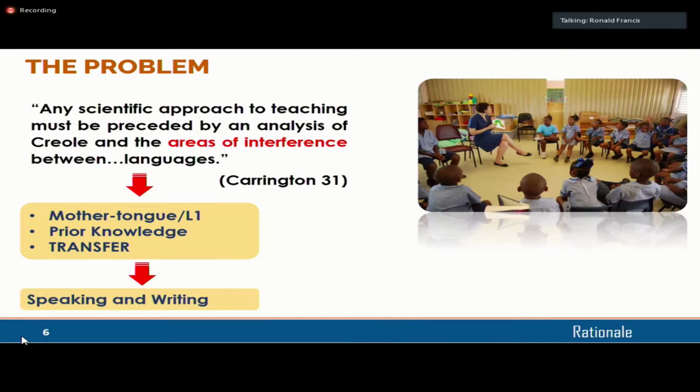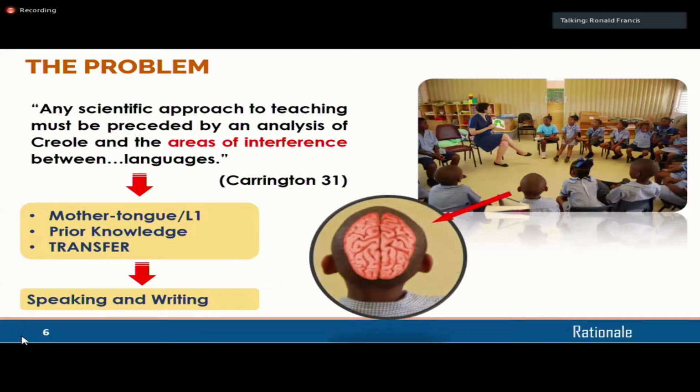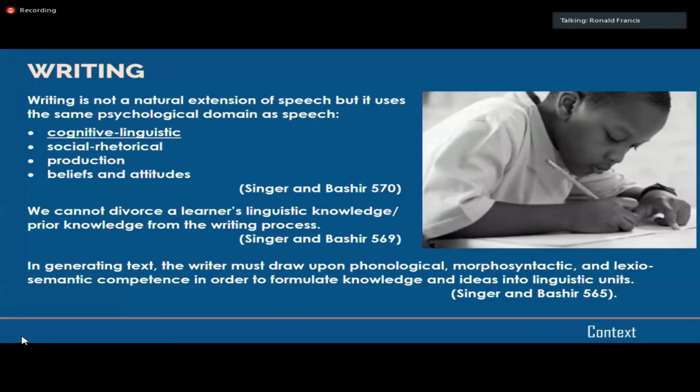And he spoke about the need to look at that in both speaking and writing, which is where I'm zoning in. But what that means is that we cannot just assume that every student that comes into the classroom is the same, but look at individual competence. What is his struggle? What is his L1? And what prior knowledge does this particular student have? And not assuming that one size fits all in terms of a teaching strategy for students.